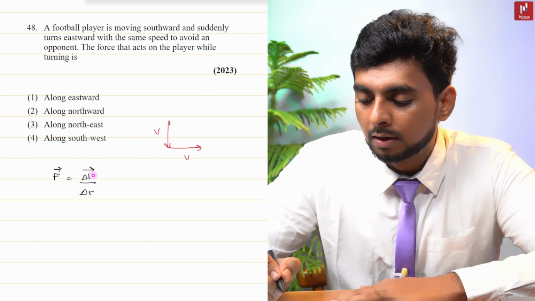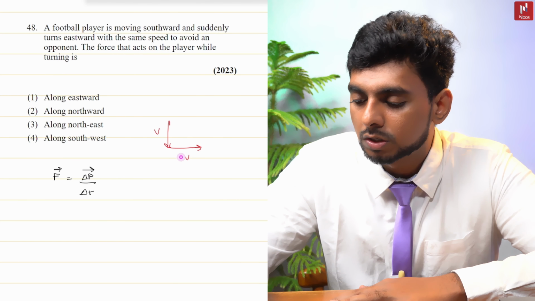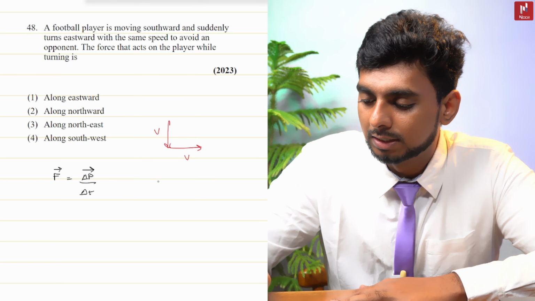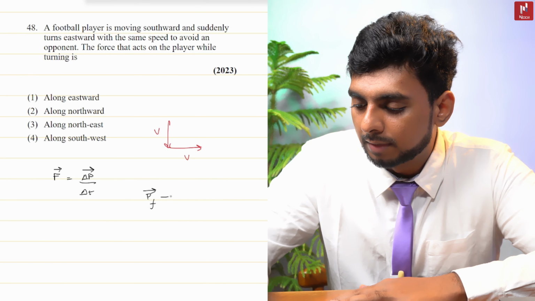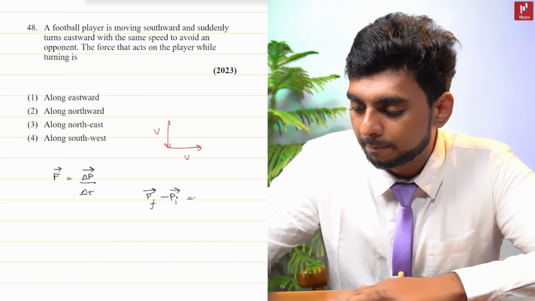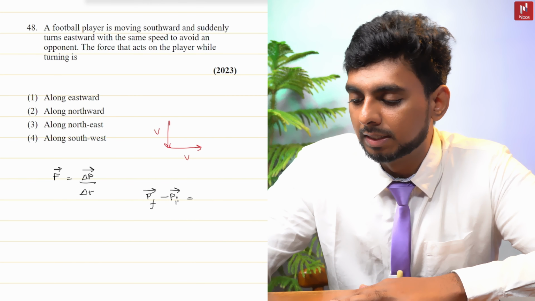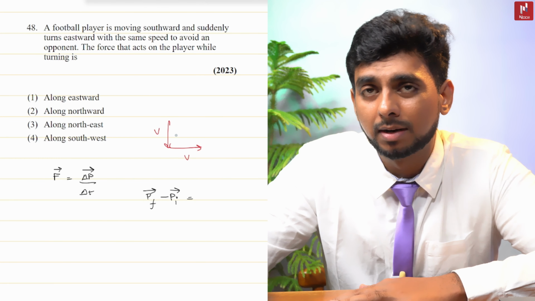The direction of the change in momentum and the direction of the force are going to be the same. So to get the direction of the change in momentum, I'll just take the final momentum vector minus the initial momentum. Let me put in the mass, the only parameter left over.